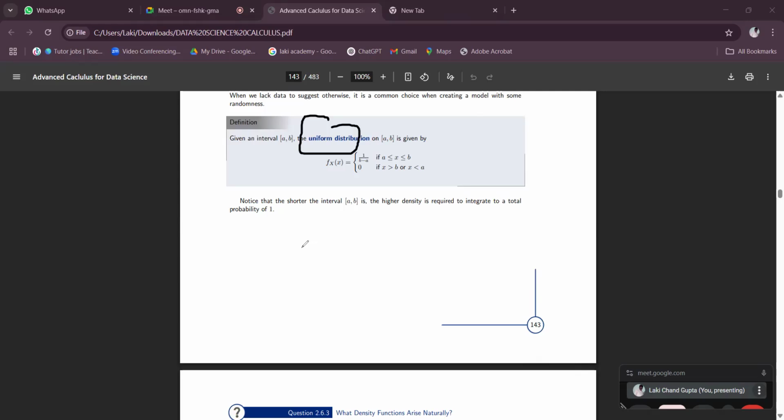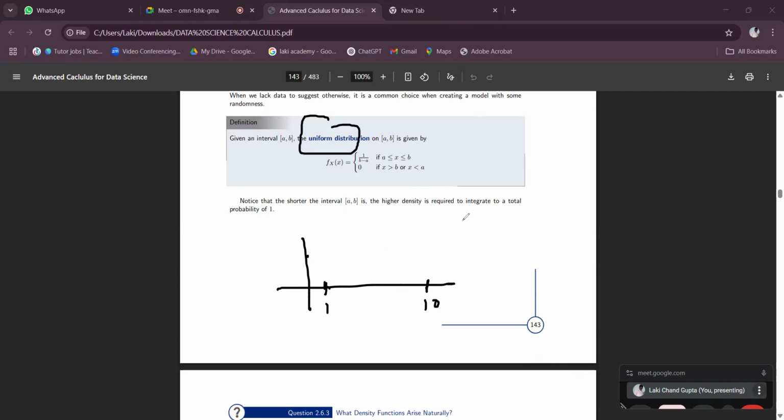Suppose you are taking values from 1 to 10, and you want to distribute uniformly. Uniformly means at each step you are distributing each value.